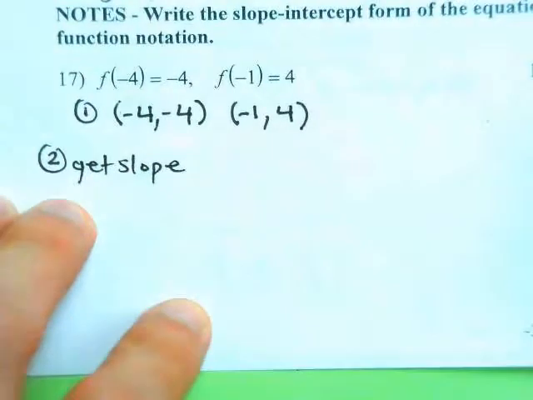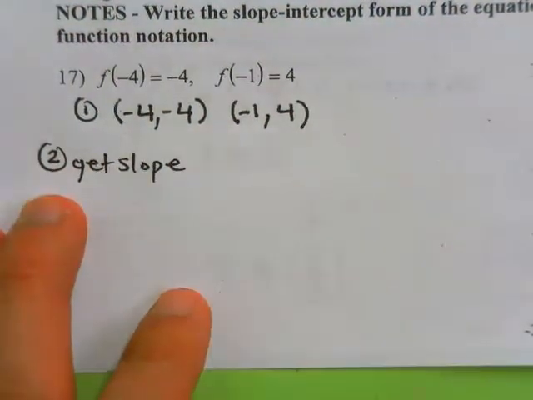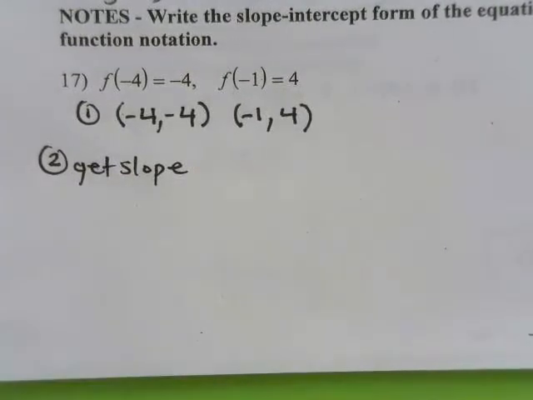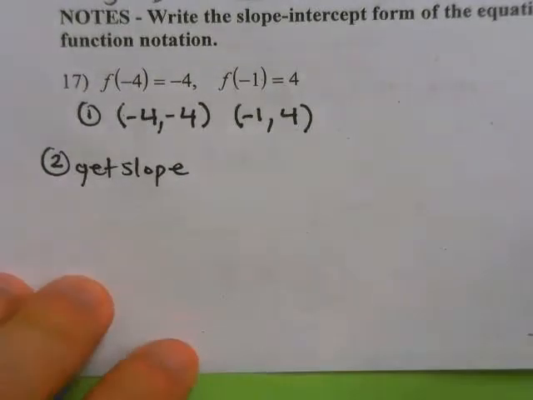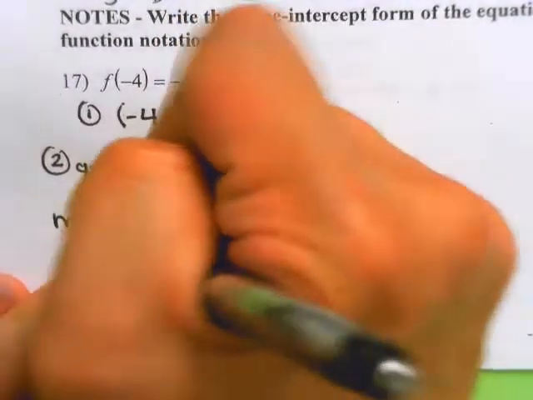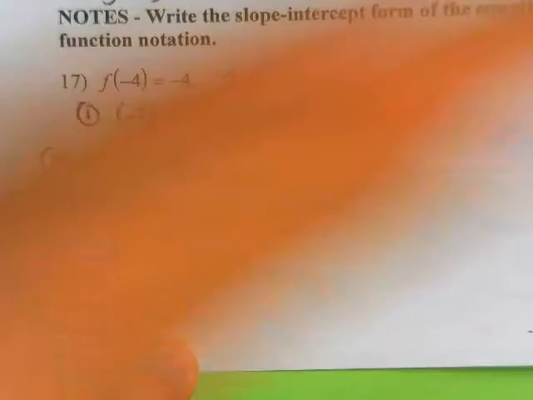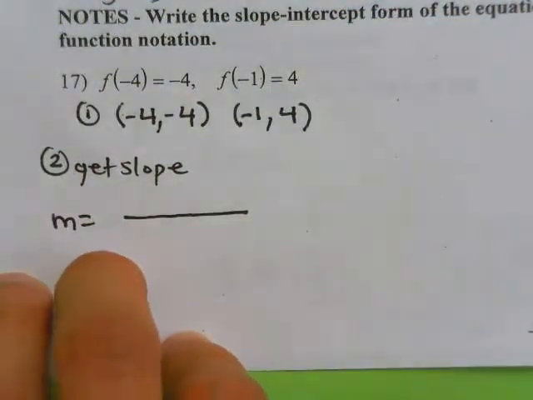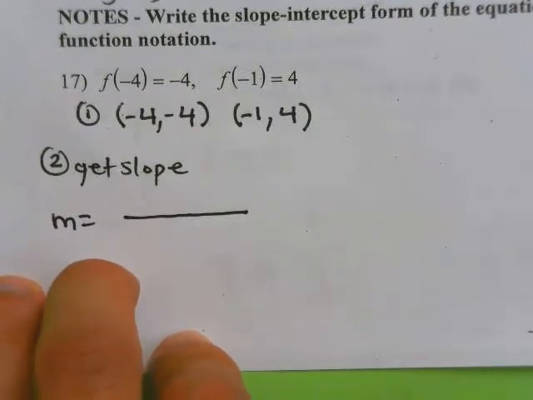There are two ways to do it. You could graph this on graphing paper and count how much up and to the right it goes from the leftmost point to the right point. But I feel like there's a formula. Is there a formula that we can use? m equals what, you guys? Good. You can do either way.